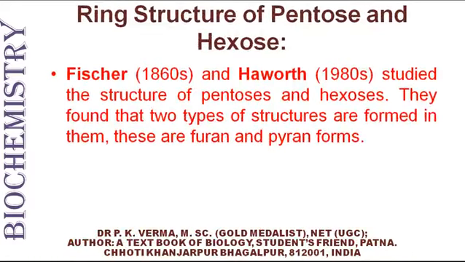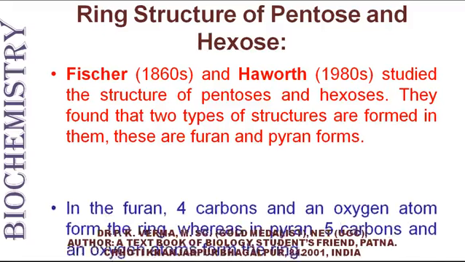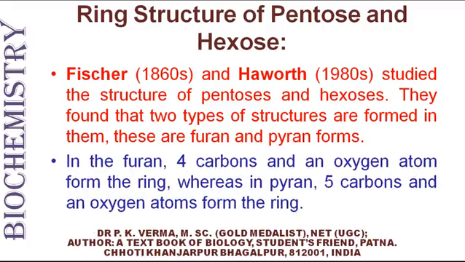Now, Fischer and Haworth studied the structure of pentoses and hexoses. They found that two types of structures are formed in them. These are the furan and pyran forms. When 4 carbons and 1 oxygen atom form the ring, it is called furan, and when 5 carbons and 1 oxygen atom form the ring, it is called pyran.